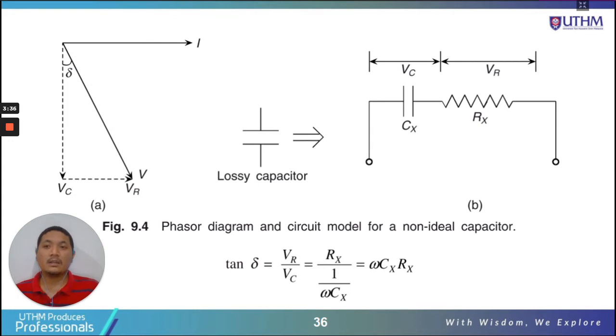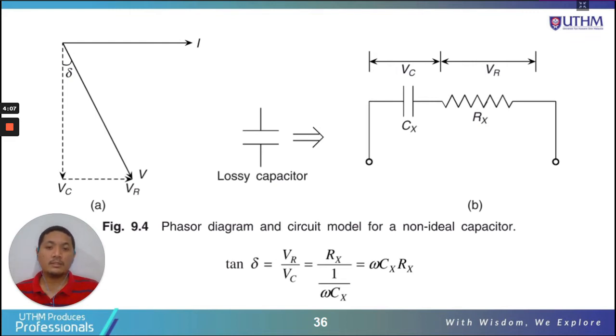So if there is dielectric loss in the insulation, then the resistance will also increase. If the resistance increases, then the voltage VR will also increase in magnitude. In that case, the angle delta will also increase.